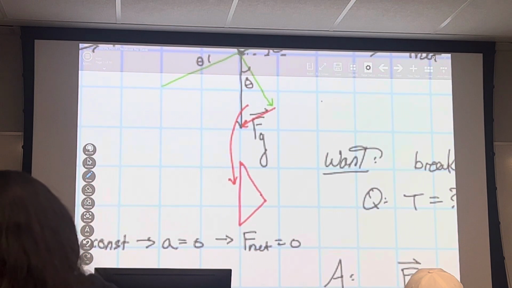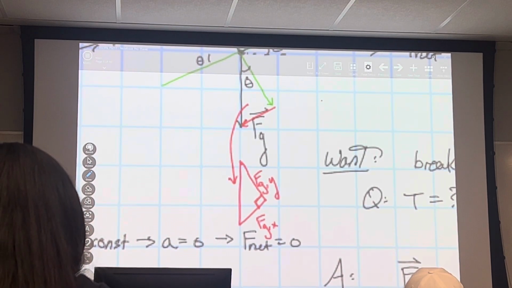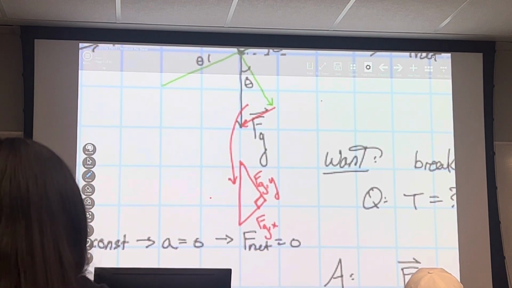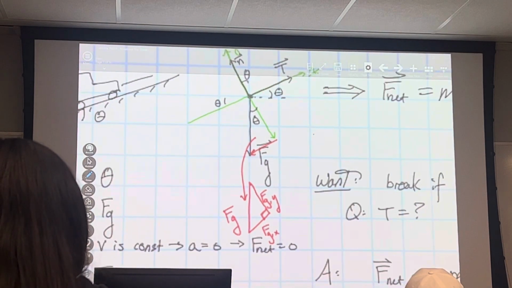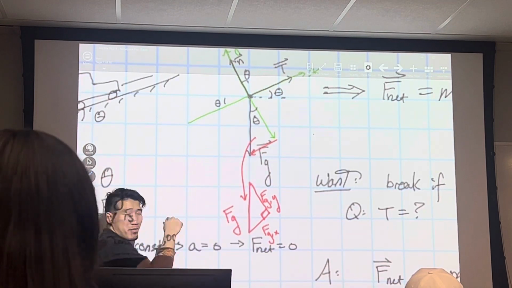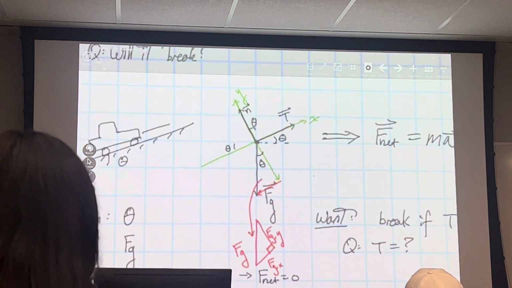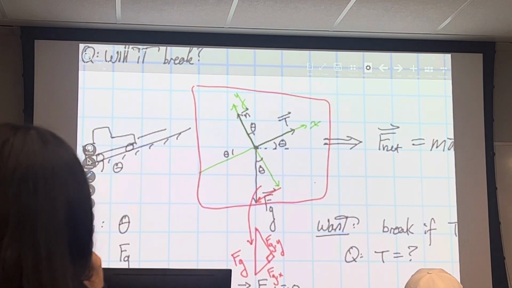We have a right triangle where this is force of gravity in the y, this is force of gravity in the x, and the hypotenuse is our force of gravity. As long as you drew your free body diagram correctly, what I'm looking for in a free body diagram is everything in the black and green.